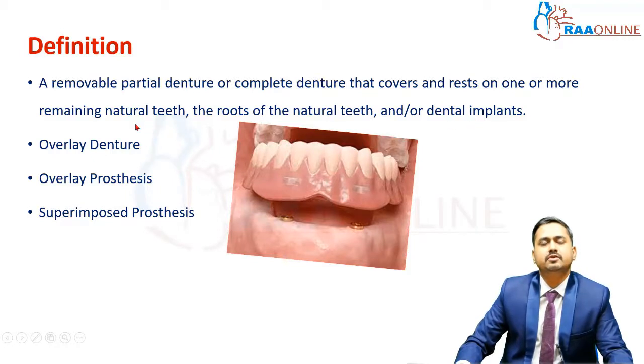So these are the different forms of support which we can derive for an overdenture prosthesis. It can be teeth which are reduced to accommodate it, or a tooth root, or dental implants placed inside the bone to provide support for the overdenture prosthesis. It is also called an overlay denture, overlay prosthesis, or superimposed prosthesis.